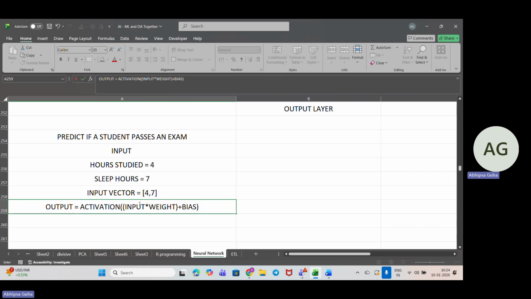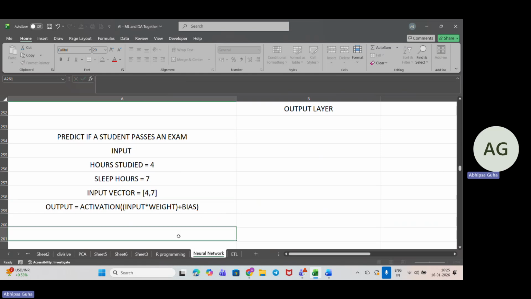Now, for this simple neuron we have two x values: hours of study is 4 and hours of sleep is 7. For one specific neuron, we take x equals 4, the weight as 0.5, and the bias as 1.